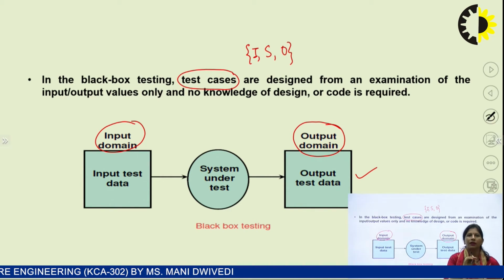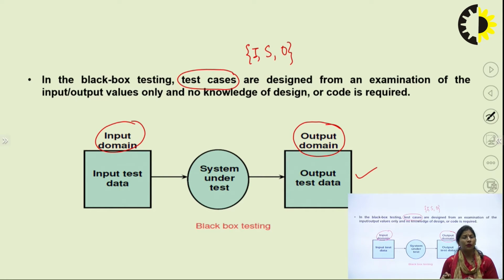If I insert the value of the day as 5, I know what the corresponding output will be: Sunday, Monday, Tuesday, Wednesday, Thursday. So the output will be Thursday. If I give 2, the output will be Monday. The output domain is fixed and the input domain is also fixed.